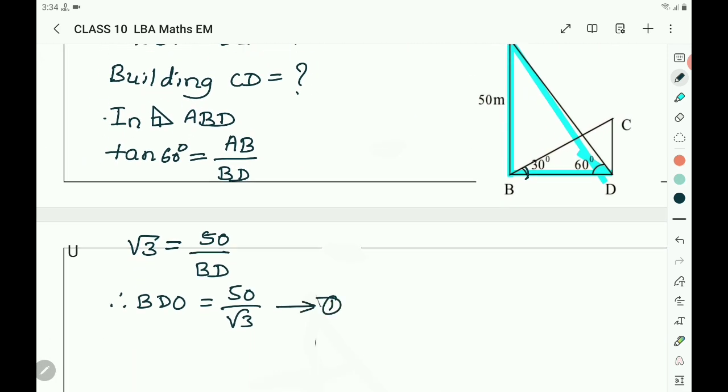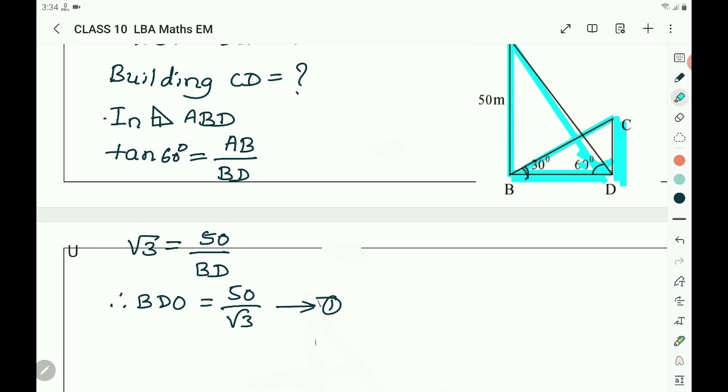Consider this is first. Then to get CD, take the triangle CDB. Here CDB is the right angle. CDB is the right angle and we have to find out CD.